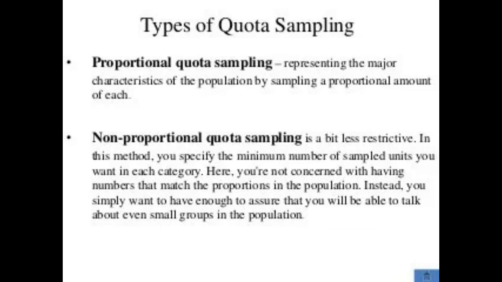Here, you're not concerned with having numbers that match the proportions in the population. Instead, you simply want to have enough to assure that you will be able to talk about even small groups in the population. This method is the non-probabilistic analog or equivalent of stratified random sampling, in that it is typically used to assure that smaller groups are adequately represented in your sample.